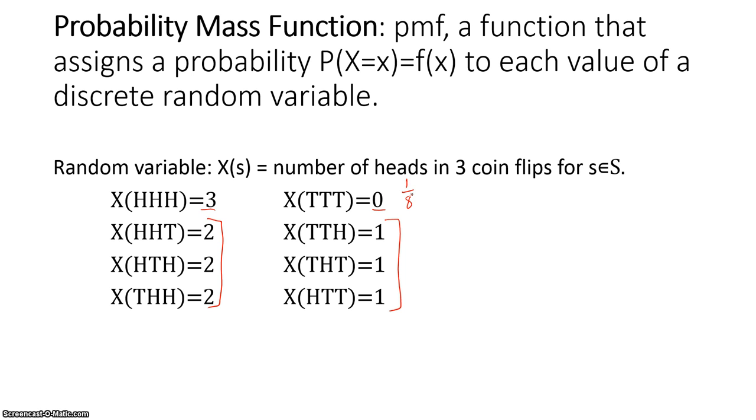Since we had 3 out of the 8 outcomes that resulted in 1, we're going to have a probability of 3/8 associated with 1. We're also going to have a probability of 3/8 associated with the outcome 2, and 1/8 associated with 3.